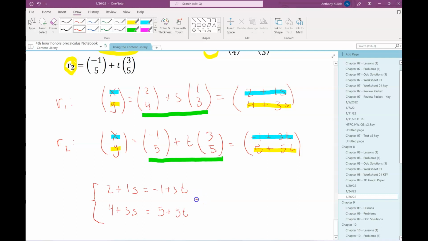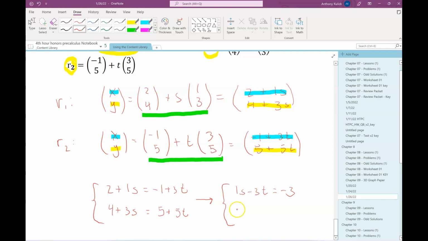Okay. So I'm going to now take a moment and rearrange my system so that it's in kind of that standard linear form. So to do that, in the first equation, I'm going to subtract 3t from both sides, and then subtract 2 from both sides.